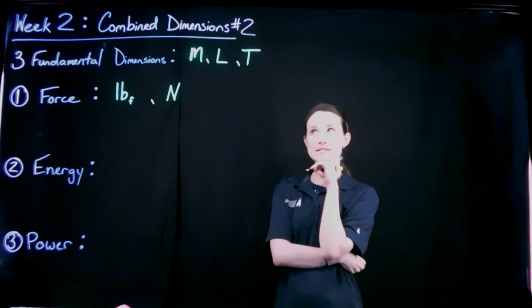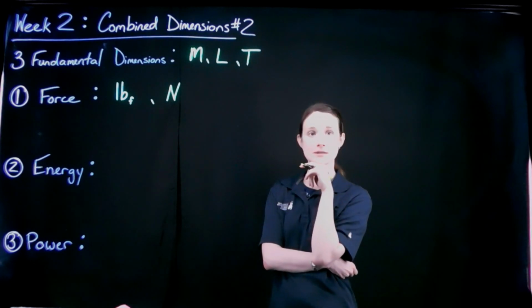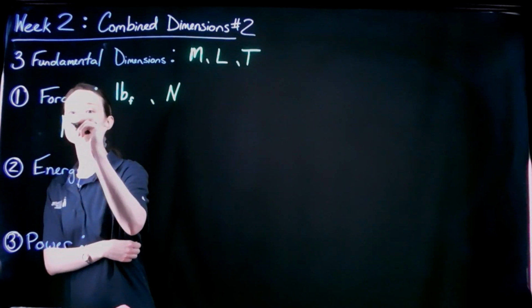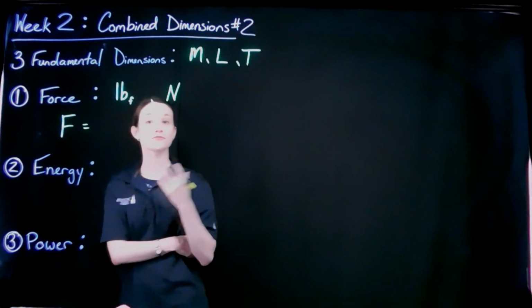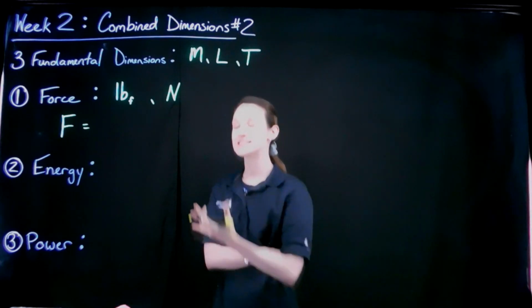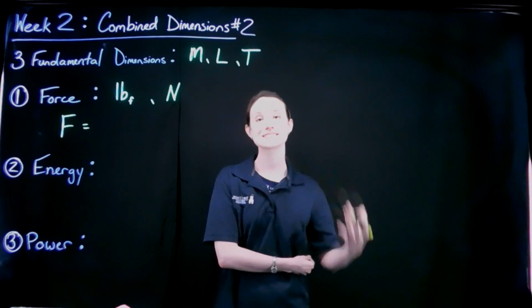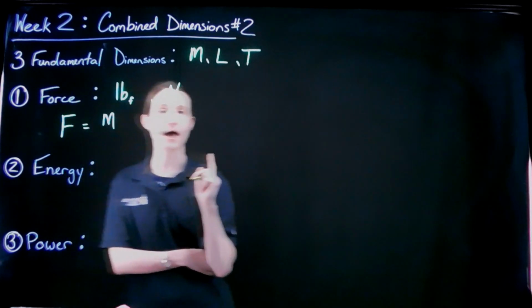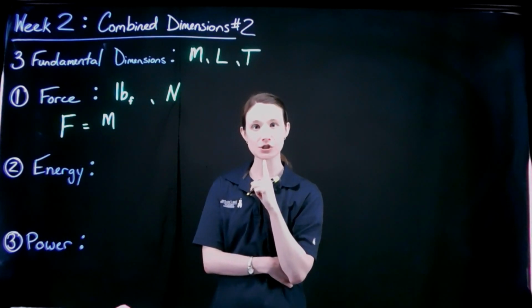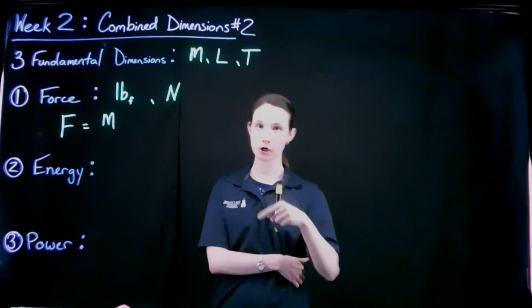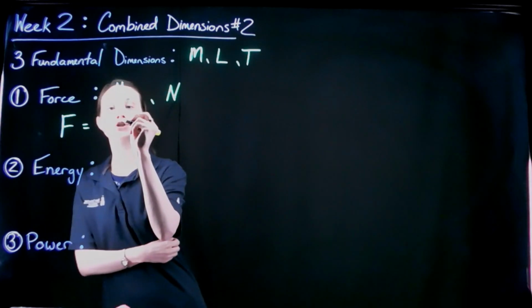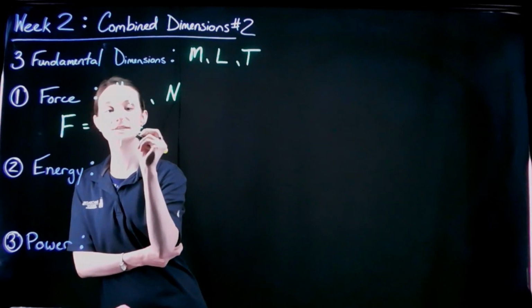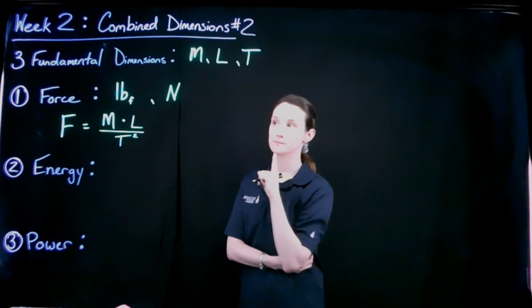So this gets us to, what are the combined dimensions for force? Force, from physics, is defined as a mass that is accelerated. So we know mass, and we previously talked about acceleration, that is a length per time squared. So force is a mass times a length divided by a time squared.